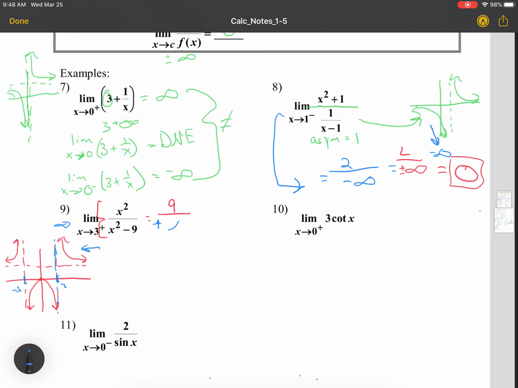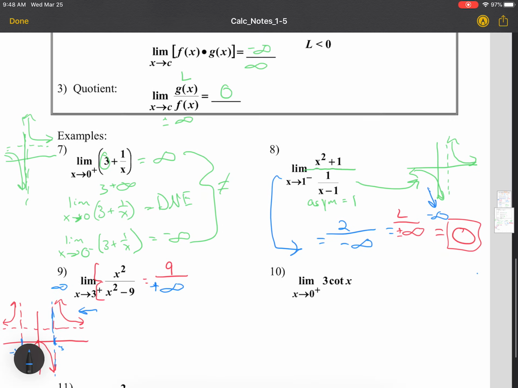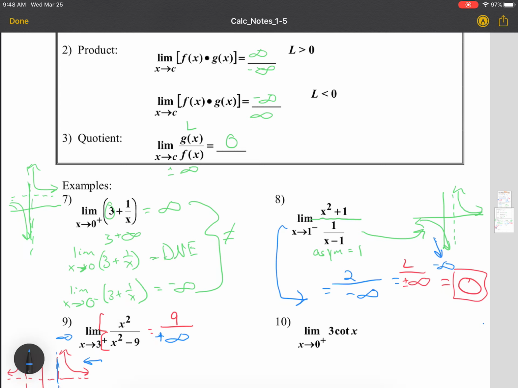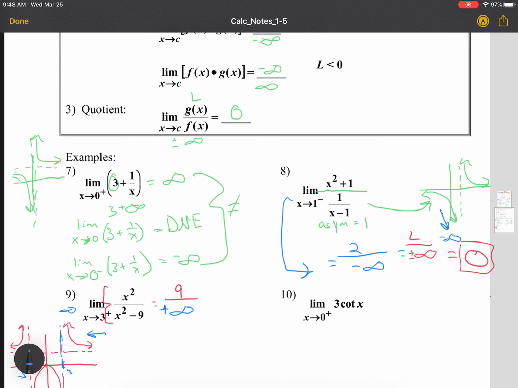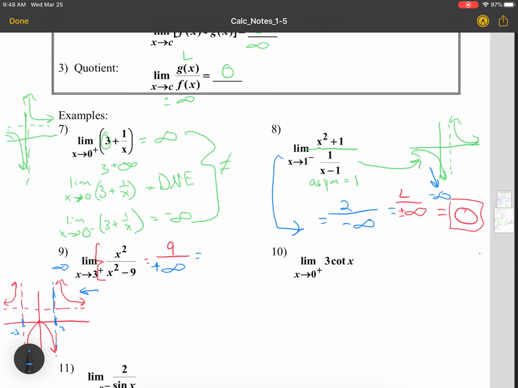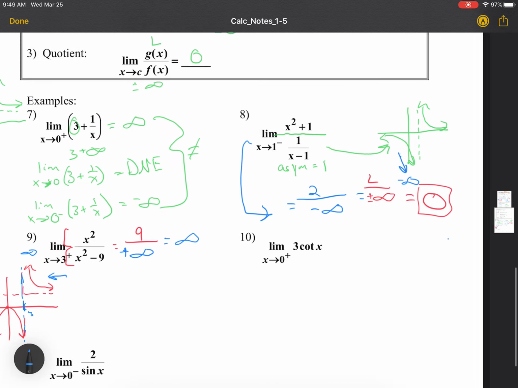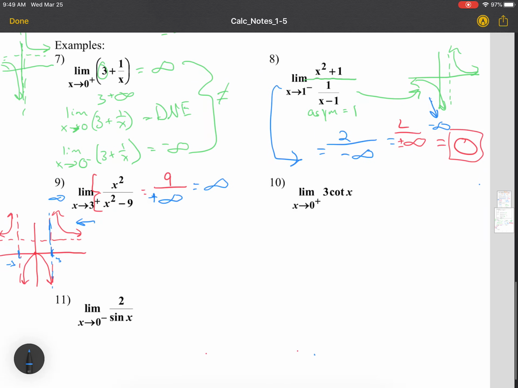So if we have a positive infinity on the bottom, I don't know if you remember our rules up here, if we ever have a limit on the bottom like that, it's just going to give us infinity. Okay, going over to number 10.